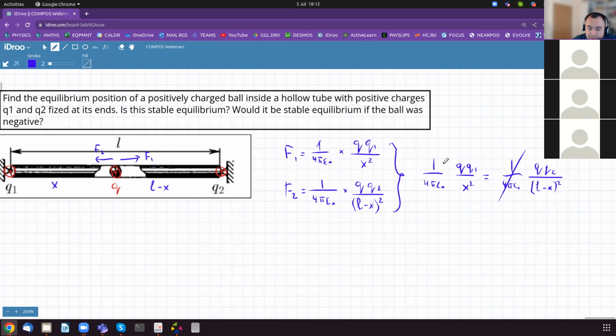So we cancel these, we cancel Q, and we're left with, we need to find x eventually. It doesn't look like we can easily cancel it out or anything. So we'll just crisscross, cross multiplication, Q1.